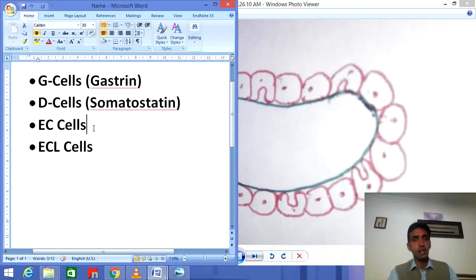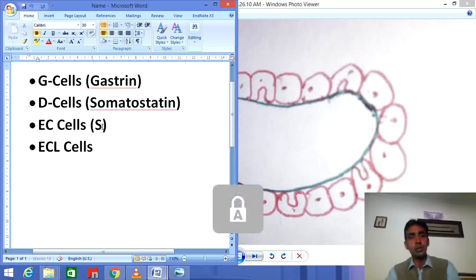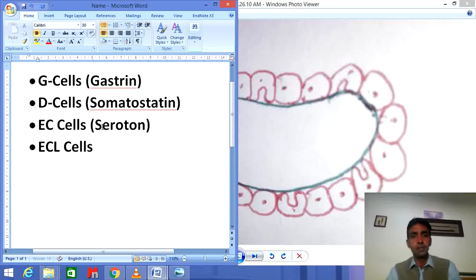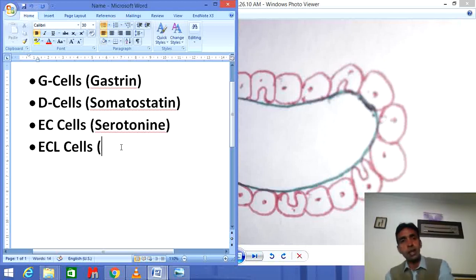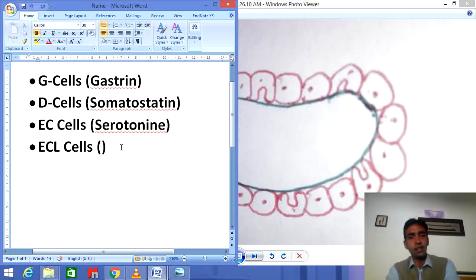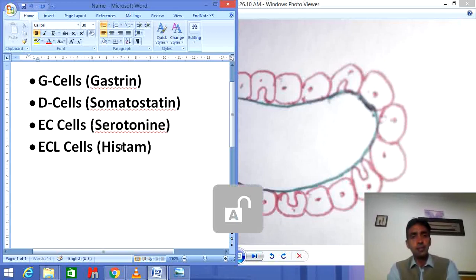The EC cell, enterochromaffin cell, is responsible for production of serotonin. And the enterochromaffin-like cell, ECL, is responsible for the production of histamine.